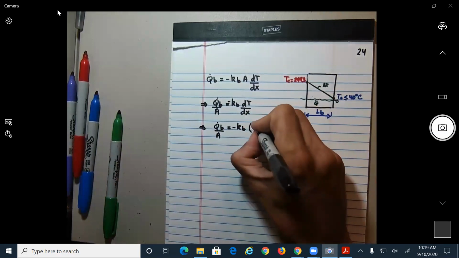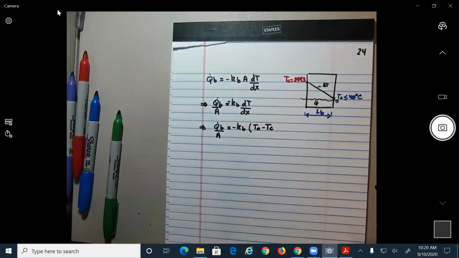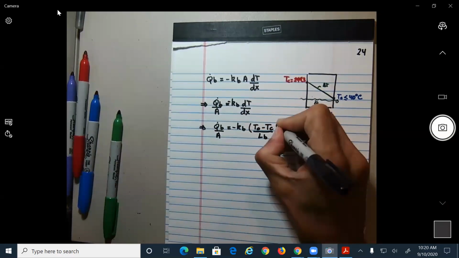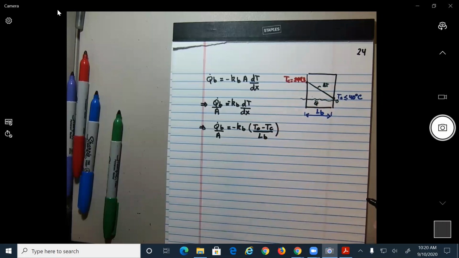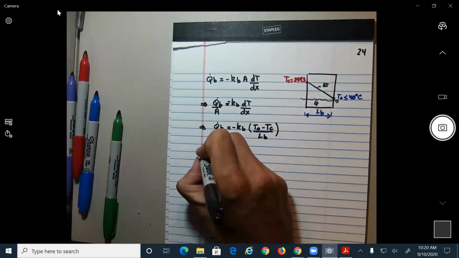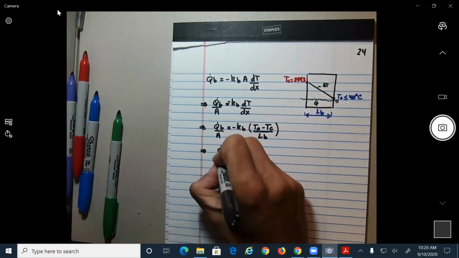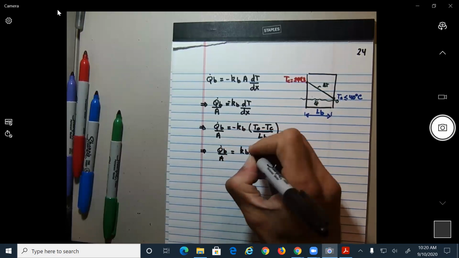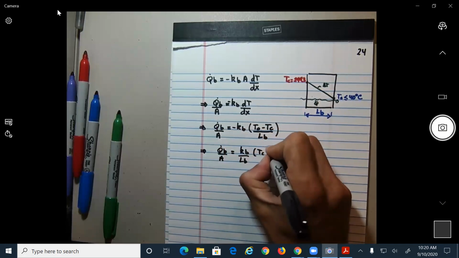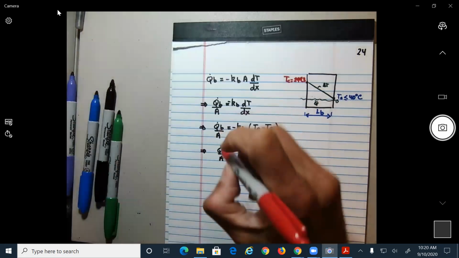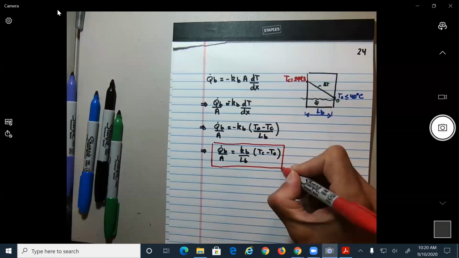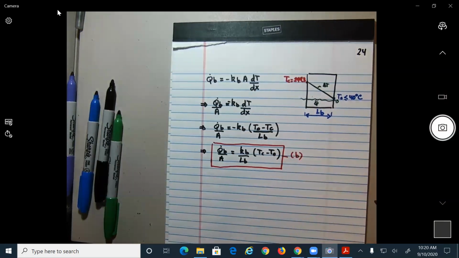T outside minus T contact, which is 299.3. What is the thickness? L of the brick. And this would be equation B.